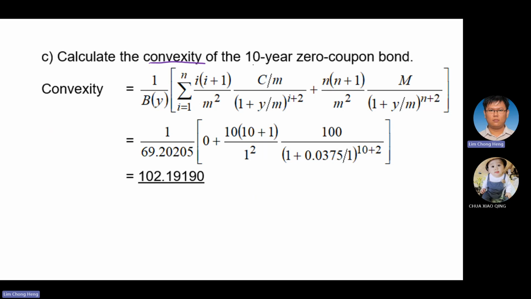And then same thing, 10 years bond. You go to calculate and then you get the convexity here. And remember, convexity here doesn't have any meaning. And because this is a zero coupon bond, this portion is 0.